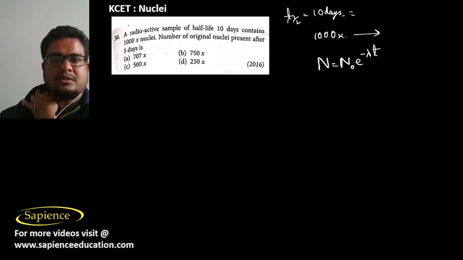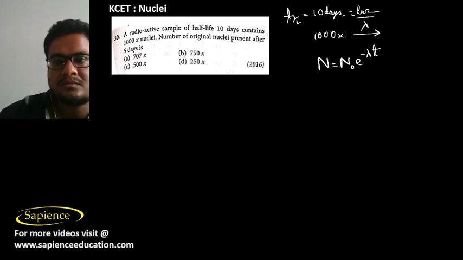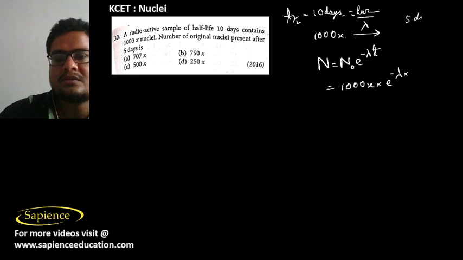Here ln2 by lambda is equal to 10 days. So after 5 days, it is N0 which is 1000x, into e power minus lambda into t, where t is 5 days, equal to ln2 by 2 lambda.